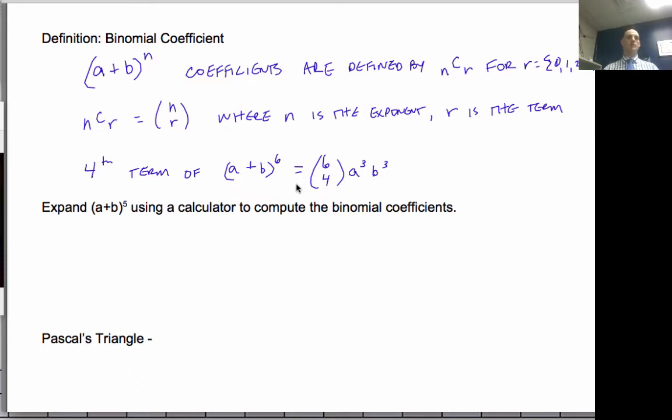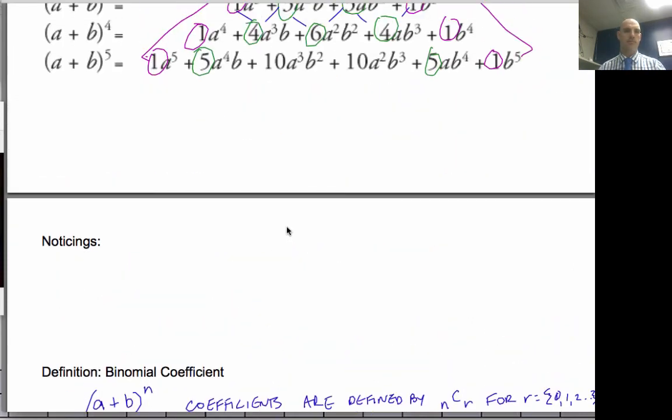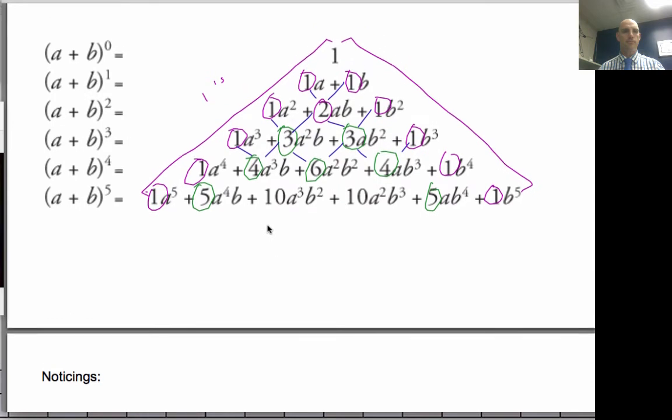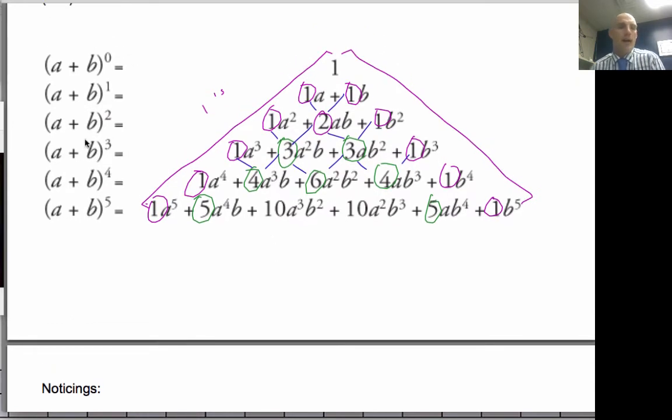Well, take a look up here for a second. Let's look at my a plus b squared line here for a second. My first term, my exponent matches, right? So my third line matches.